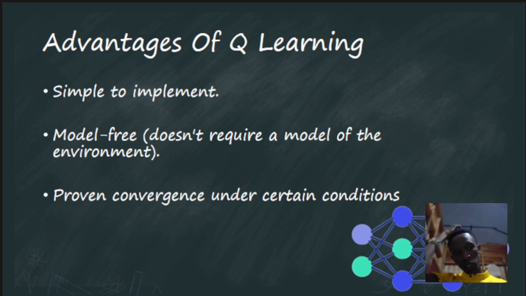Going forward to how this is model-free, it doesn't even require a model of the environment. So it is model-free, and this means it doesn't need a complete understanding of how the environment works. And this model can predict what the next state and the reward will be given the current state and action through the equation that I explained above.